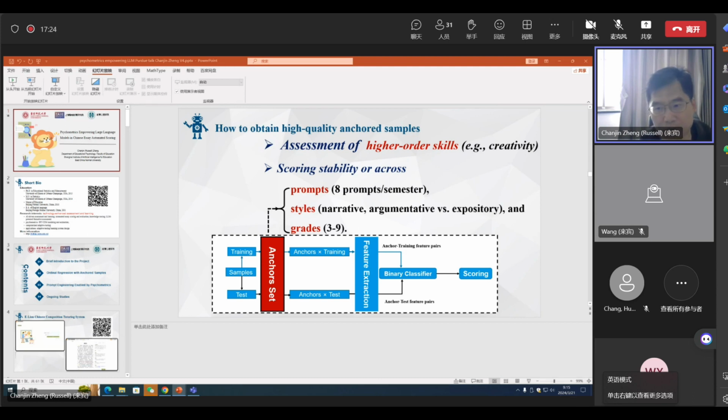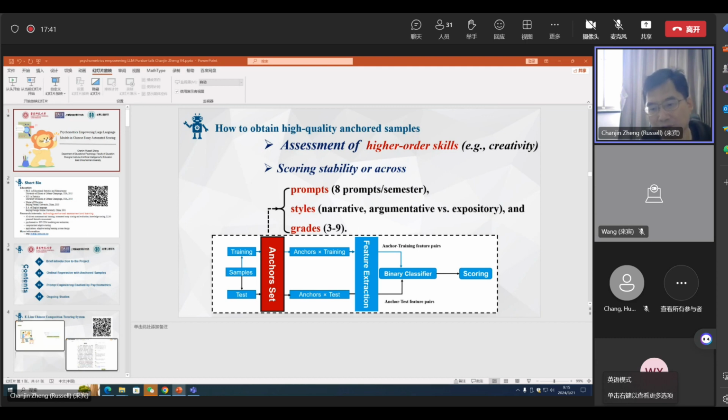Even for the scores, people have much more demanding requests because we are in a learning environment. They say, can you give us stability evidence across the prompts?